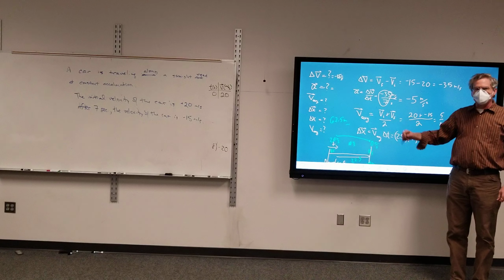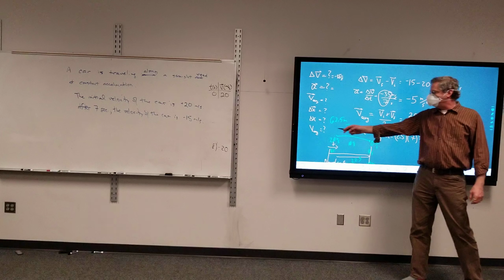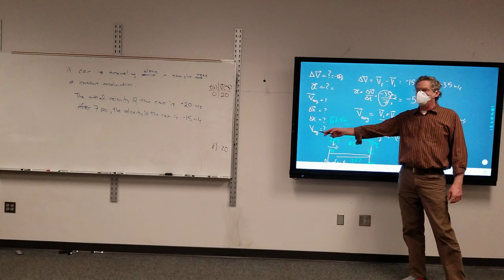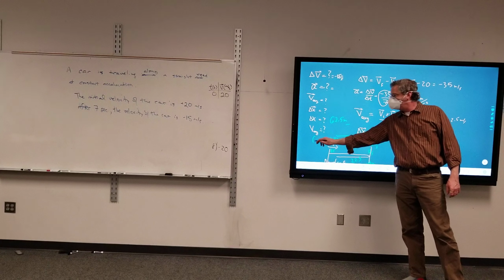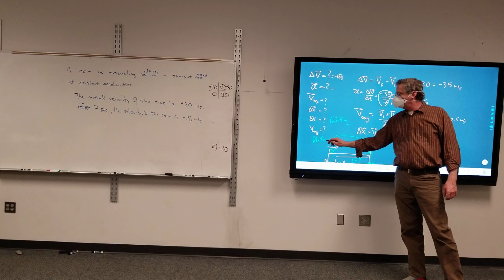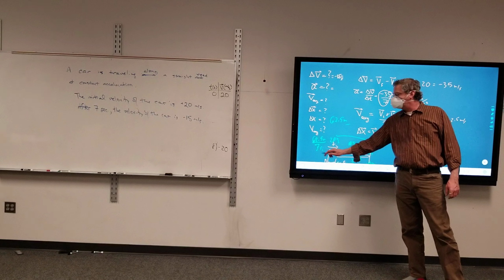That's just distance divided by time. So my average speed, not velocity, average speed is 62.5 divided by how much time? 7 seconds.